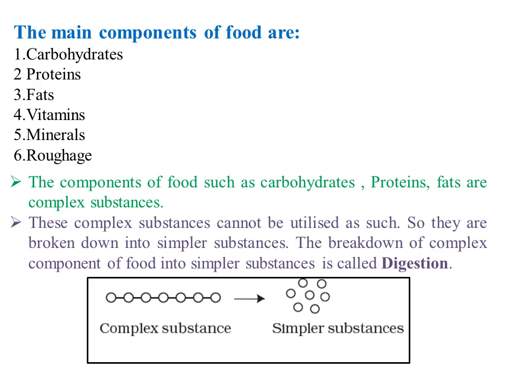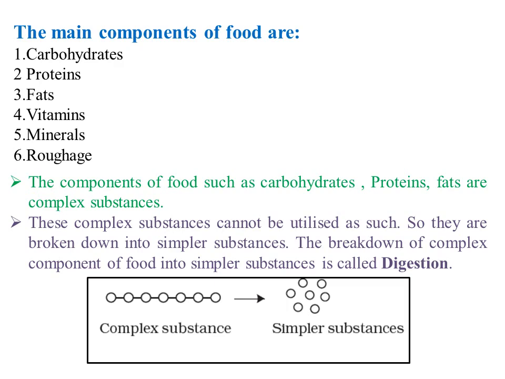As you have already learned in class 6, the main components of food are carbohydrates, proteins, fats, vitamins, minerals and roughage. Not all components of food are complex. Components such as carbohydrates, proteins and fats are mainly complex substances. These complex substances cannot be used as such, so they are broken down into simpler substances.